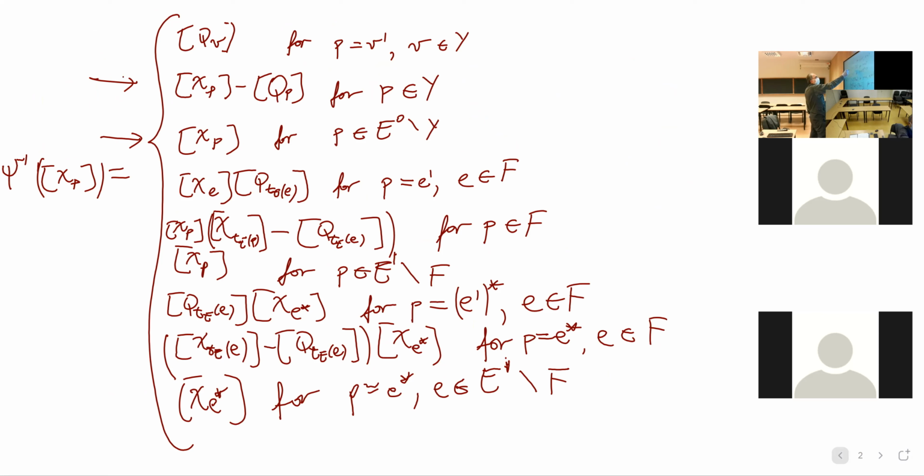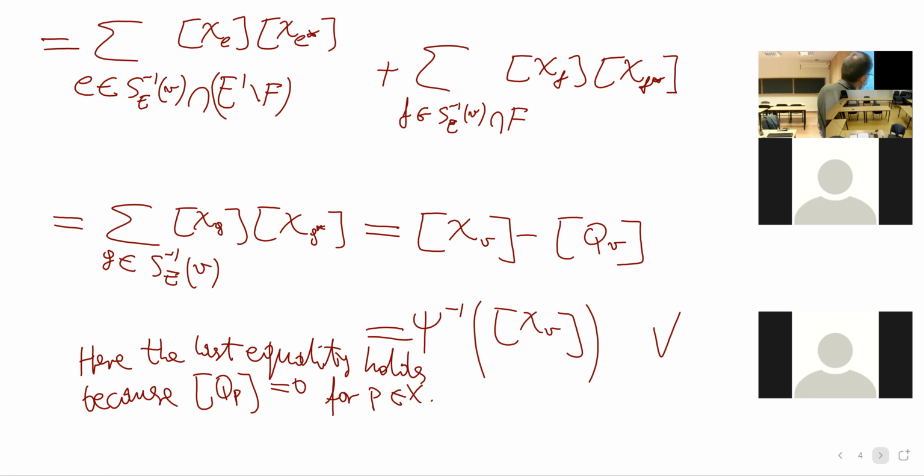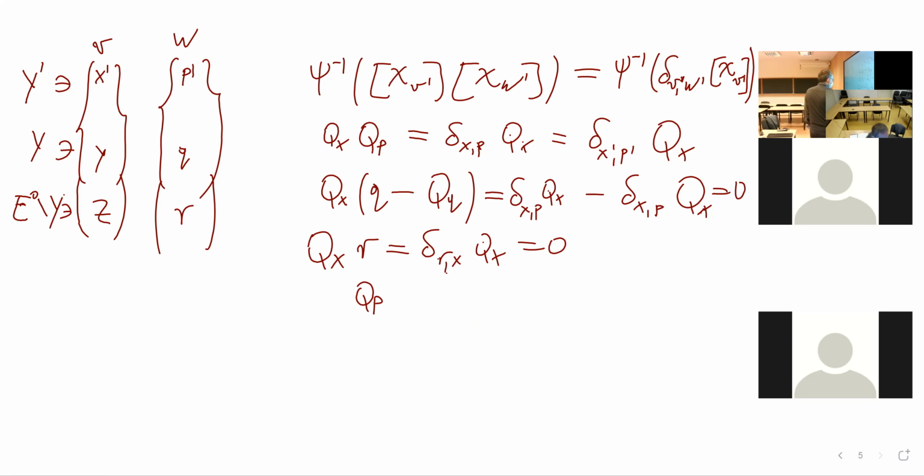Okay, then this is y minus qy. It vanishes for the same reason as here. That's exactly the same argument, exactly the same calculation. Okay, it will vanish.